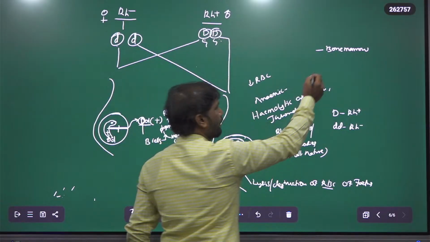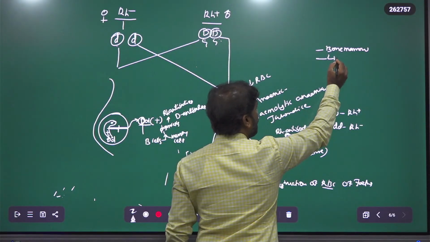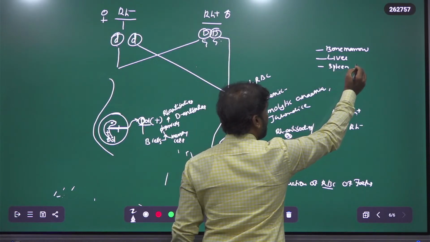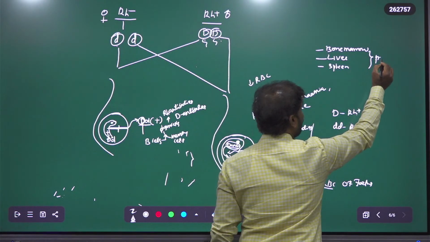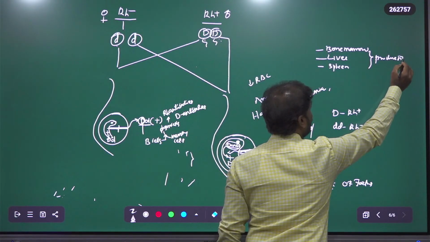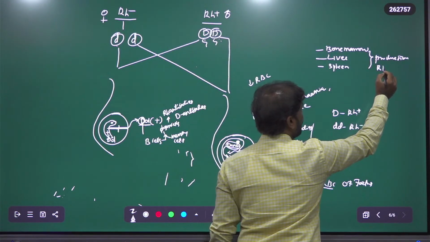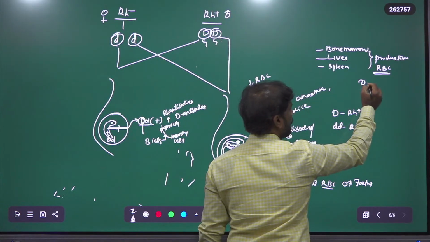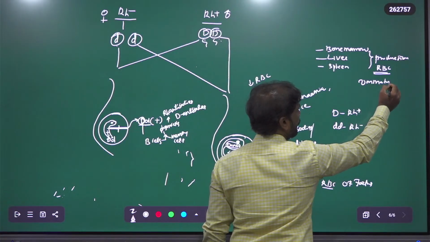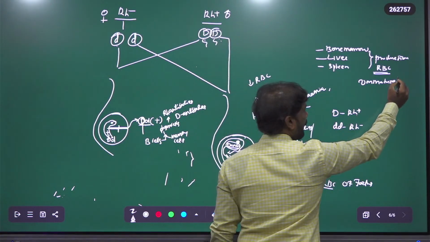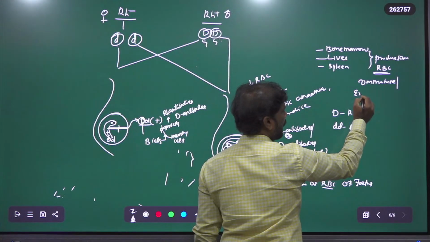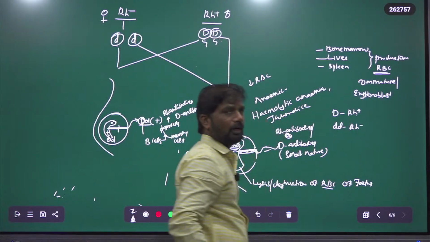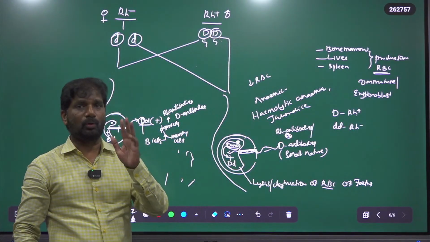So in this condition, the bone marrow, liver and spleen try to produce RBCs. These RBCs are immature in condition. Those immature RBCs are known as erythroblasts.